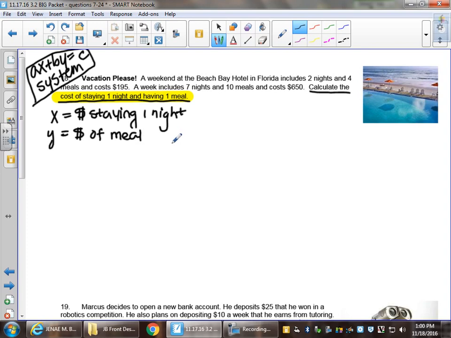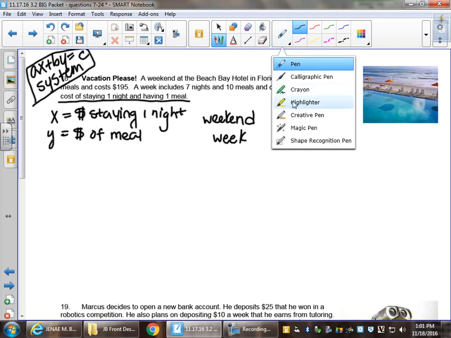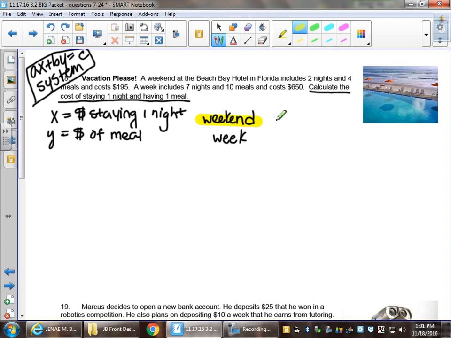Now we need to mentally group what goes together. So when I'm reading this, I see mention of what a weekend costs, and what a week costs. So these will be what we use our two colors for. I will make weekend yellow.